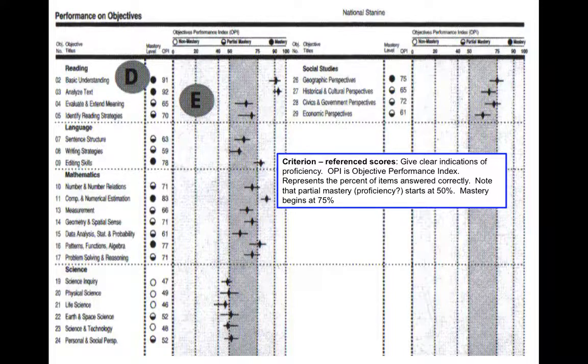It's a different kind of test, and so again, we're not expecting people to get 100% in most cases. And from this, you can look at what are students' areas of strengths, what are the students' areas of weaknesses, and so on. And ignore this national stanine, that's just from the top of the other one.